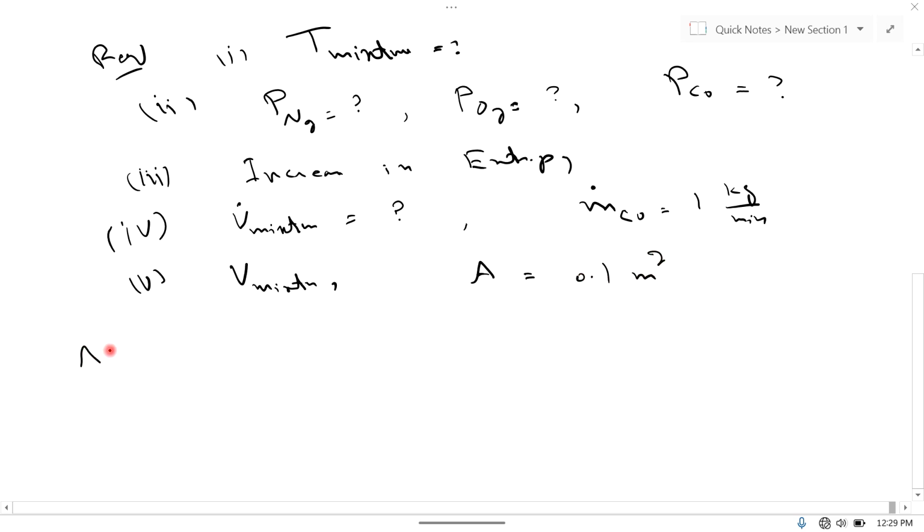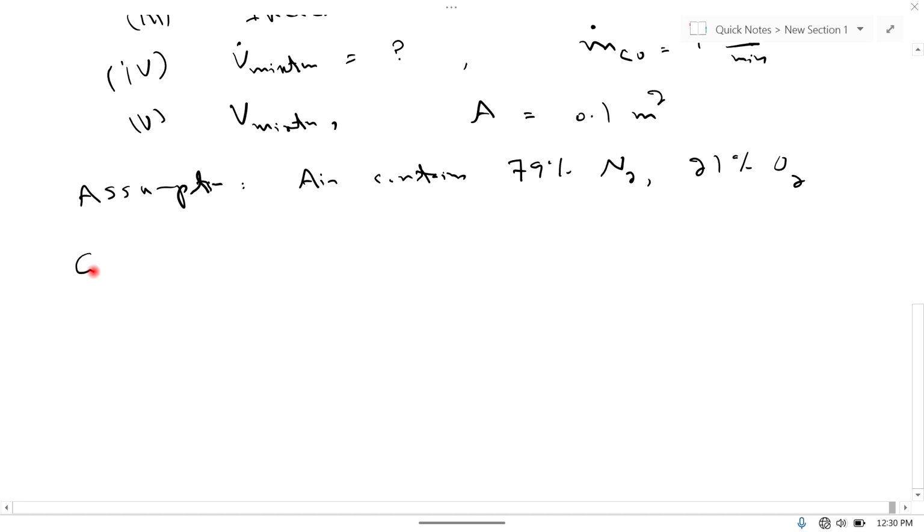There are some assumptions. Assume that air contains 79% nitrogen and 21% oxygen. And there are some constant values which we will use in the solution of this problem.